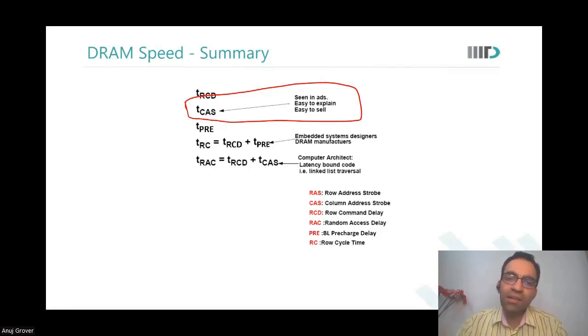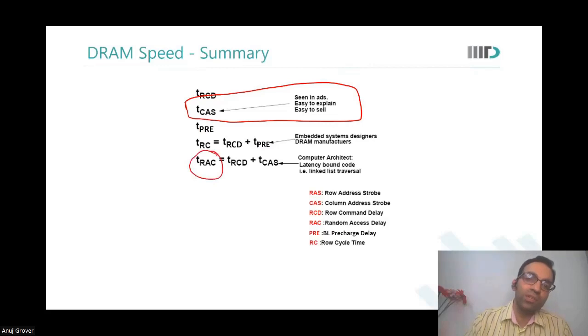TRC is something that embedded system designers and DRAM manufacturers know is important. And for a computer architect, you're not really bothered about when I can do the next row access. What you're bothered about is I had a miss. How quickly can you give the output to me? So TRAC is what is of interest to the computer architect there. Is that okay? Any questions?